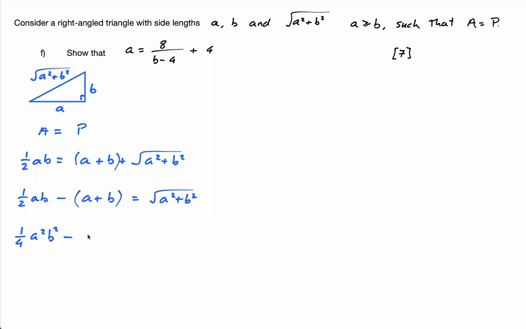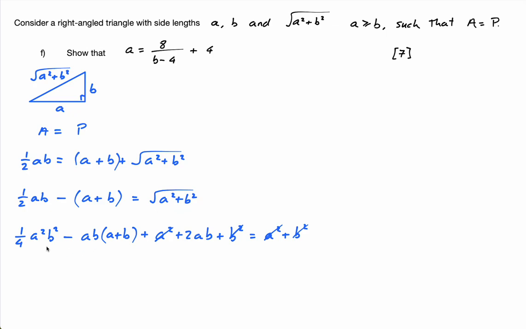The 2 will just get rid of that half, so it's A plus B. And then this squared, it's plus because the negative is squared as well, so it's plus A squared plus 2AB plus B squared. And that equals this side squared, which is A squared plus B squared. Now, nicely, we've an A squared and a B squared and an A squared and a B squared. They will cancel.